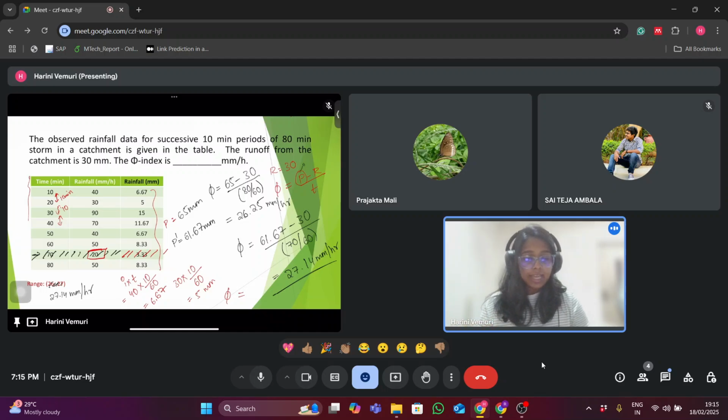Then I calculate again the effective precipitation and subtract runoff, divided by the total time of effective precipitation. Here, this 10 minutes is not contributing to the runoff, so from the total 80 minutes I subtract this 10 minutes to get 70 minutes, divided by 60 to convert into hours. Finally, I got that the pi index is equal to 27.14 mm per hour.